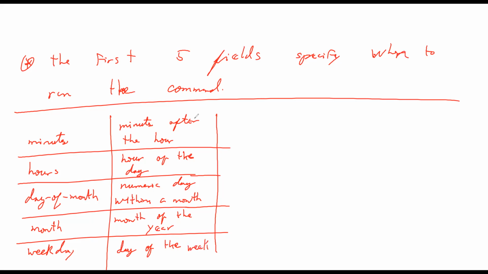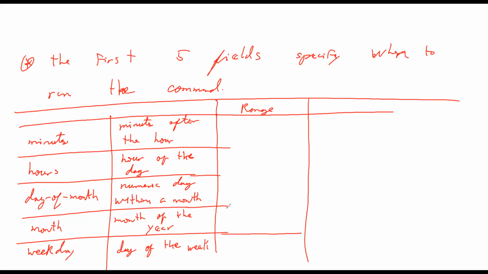Now what we need is the range. We're going to have ranges of what values are acceptable here, and a few special values as well, which are the slash and the asterisk. But for now, let's just look at the ranges. Minutes go from 0 to 59.